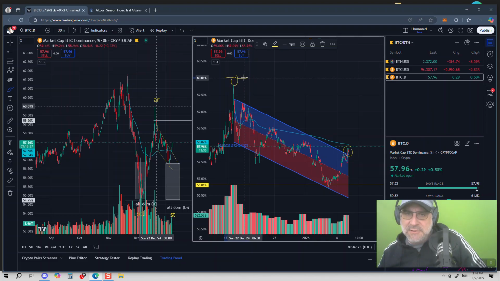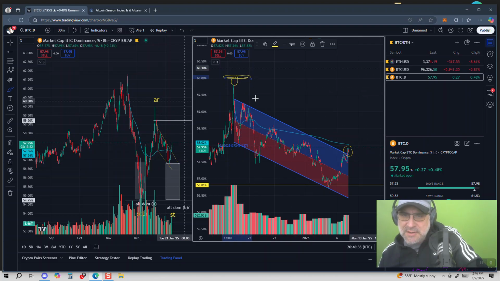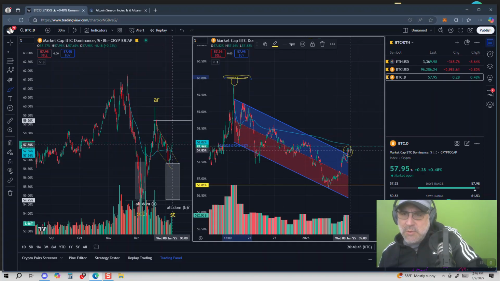Remember, the Federal Reserve issued the statement on the interest rates being lowered a quarter instead of a half, and so that spooked investors. This was that area here, and then from there it's just been a downtrend from that point. And you see here now in the regression trend where we currently sit today, this would be an overbought area.